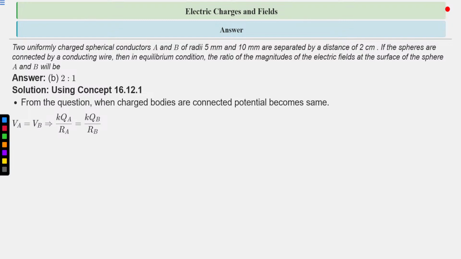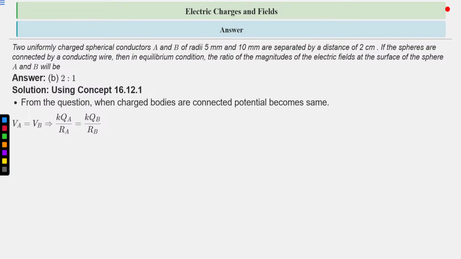So VA, the potential on the surface of conductor A, equal to VB, the potential on the surface of conductor B, which is equal to KQA upon RA equal to KQB upon RB. This is the formula of potential on the surface of spherical conductors, KQ upon R, where R is the radius.